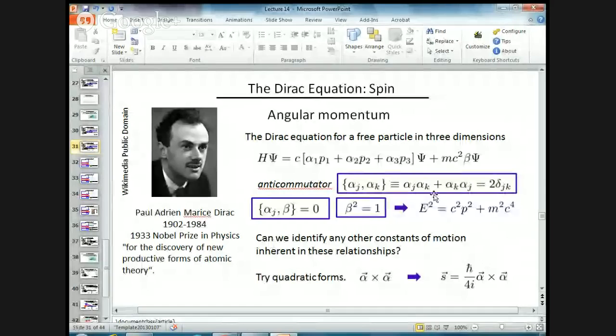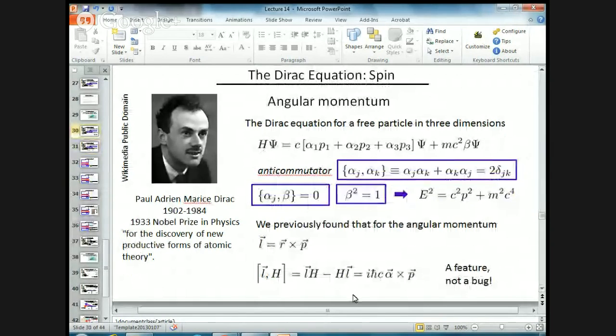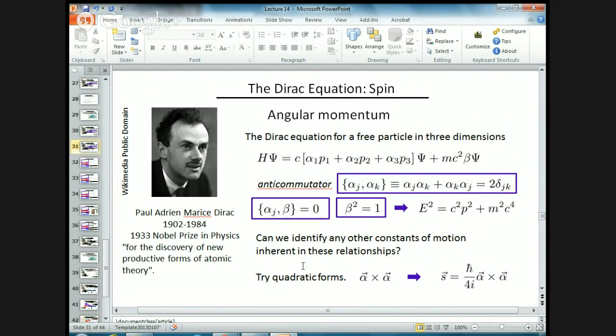Here's L and H. Now look at this. We've got an imaginary number and then a cross product of these operators alpha, whatever they may be, with the momenta. Now, what next?